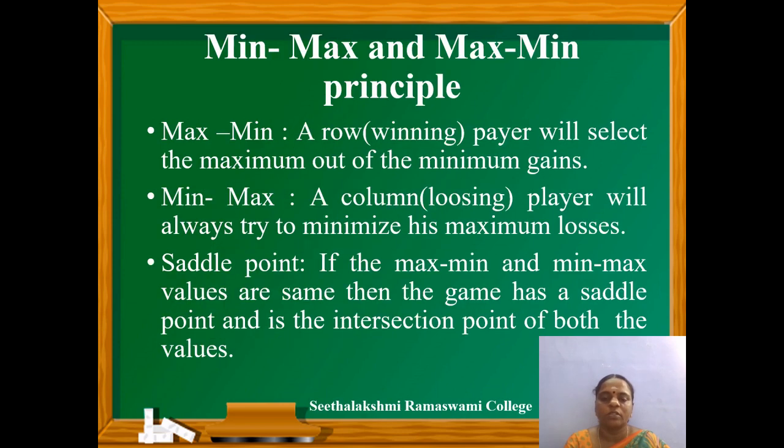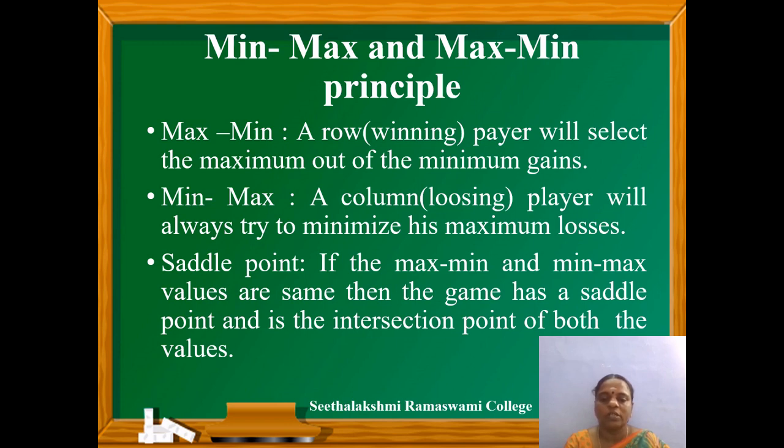Maximin and minimax principle: maximin means the row player, that is, the winning player, will select the maximum out of the minimum gains. Minimax means the column player, the losing player, will always try to minimize his maximum losses.